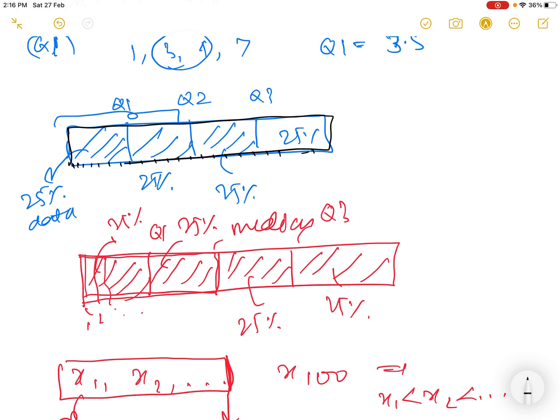Then quartile 1, that is the first quartile, is the point which, from the starting point, contains 25% of your data points. That is called quarter 1.